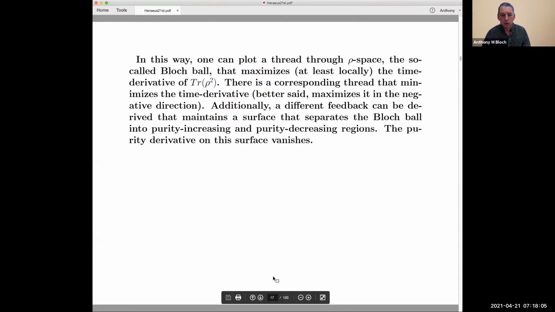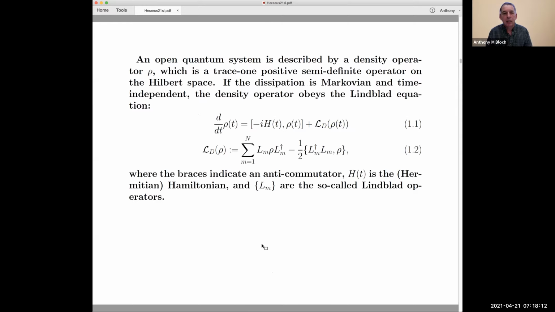Okay, so to go to the basic setting here, we have this open quantum system. It's described by a density operator. If the dissipation is Markovian and time independent, the density operator obeys the Lindblad equation.